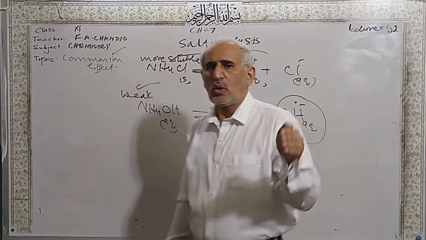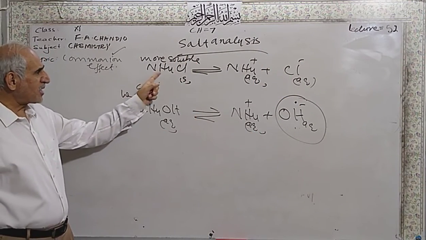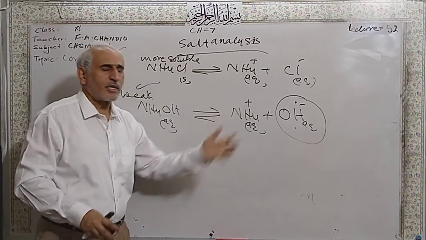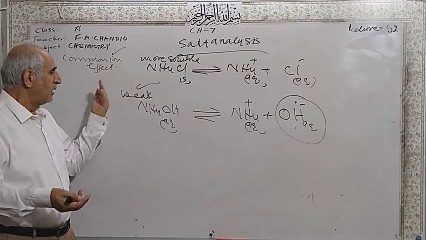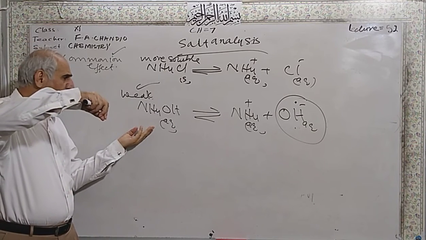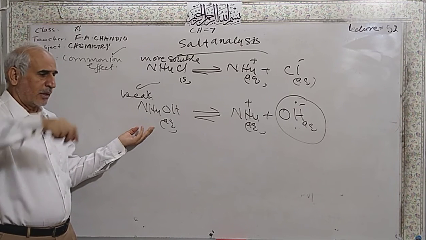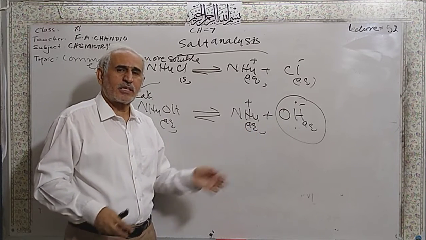When you mix ammonium chloride into the sample, it gives ammonium ions and chloride ions; it dissociates in water, as it is a strong electrolyte. Then you pour in ammonium hydroxide solution, ammonia solution, which gives ammonium ions and hydroxide ions, but it is weak.